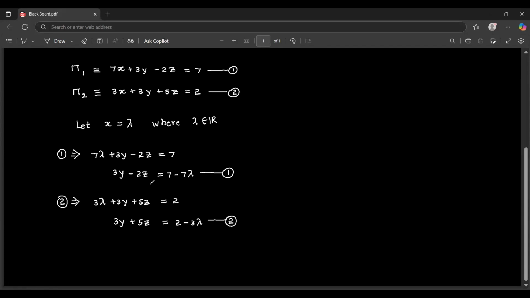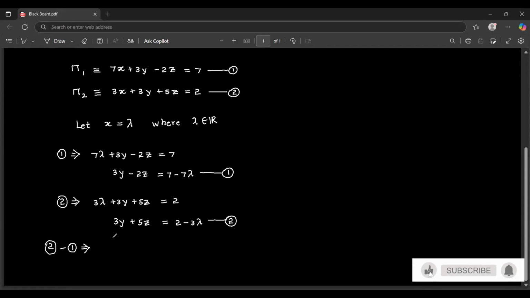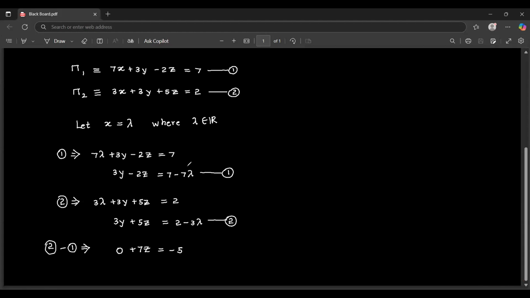Now I'm going to subtract the first equation from the second equation. Second minus first: 3y minus 3y equals 0, 5z minus minus 2z equals 7z, 2 minus 7 equals minus 5, and minus 3 lambda minus minus 7 lambda equals 4 lambda. So 7z equals 4 lambda minus 5.